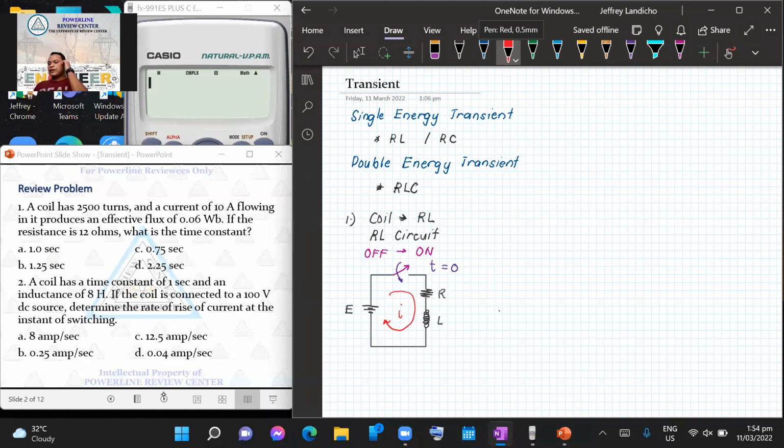Okay, so let us consider, no? Initially the circuit is off, so naka-open yung ating switch. So this would be our switch. Therefore, at time equal to 0, papasok yung arrow, so ibig sabihin, close natin yan.